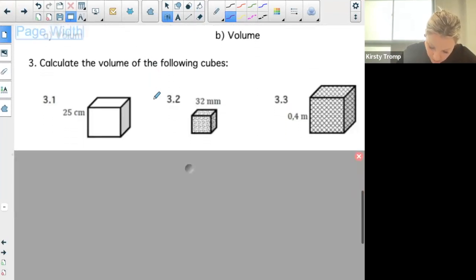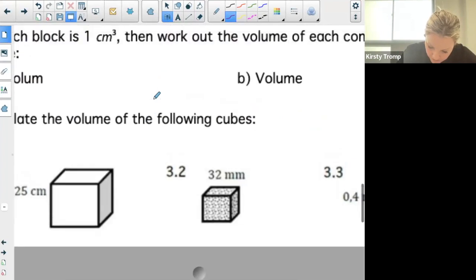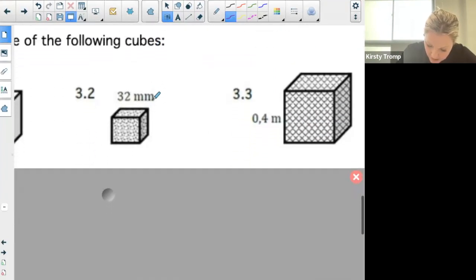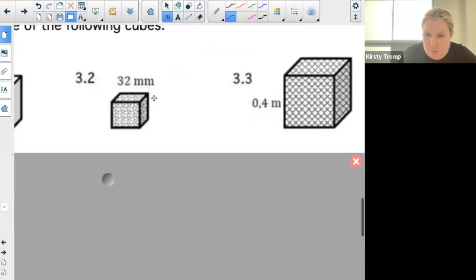I'm going to bring up the other 2 questions for you guys so you can go and try it by yourself. There is 3.2 and 3.3 for you. I want you guys to go and give that a try.